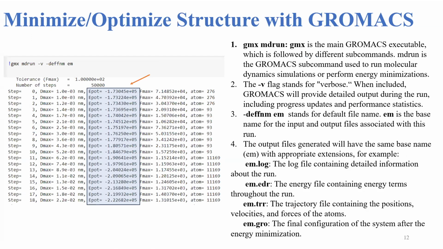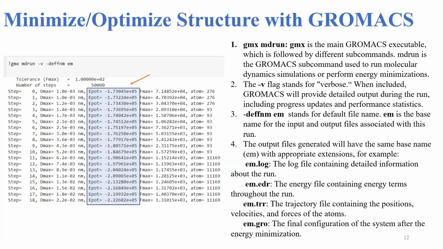Now, the important step: we're going to minimize, or optimize, the structure. Remember, the proteins uploaded in the Protein Data Bank may be from experiments or some sort of refinement, but they may not be suitable for the particular physics that we want to capture. So we want to optimize the structure using our force field, using either coarse graining or fully atomistic models. Here is the case for the coarse graining technique.